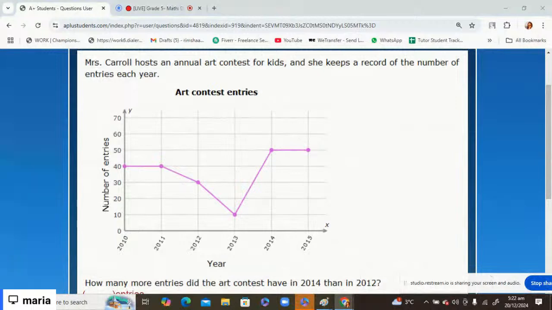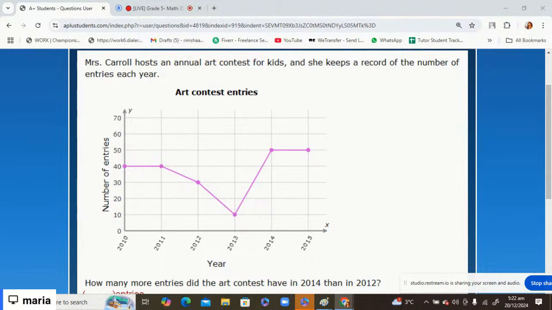Mr. Carroll hosts an annual art contest for the kids, and she keeps a record of the number of entries each year. Years are given: 10, 11, 12, 13, 14, and 15. And the number of entries is given, from 0 to 70. How many more entries did the art contest have in 2014 than in 2012?